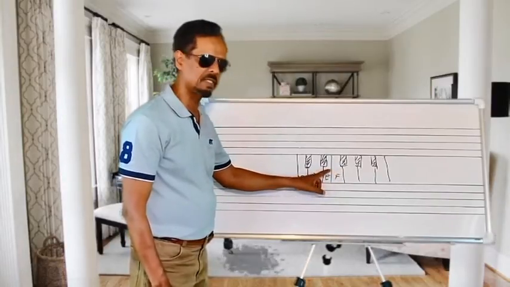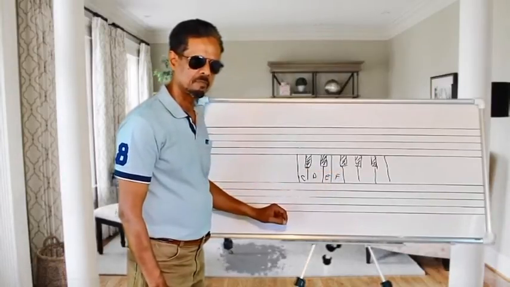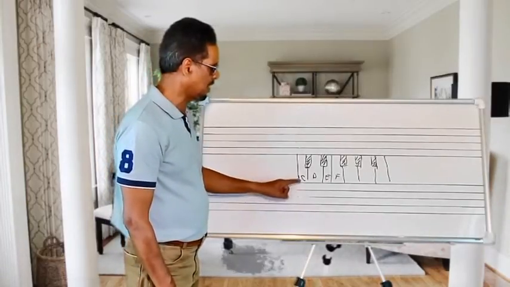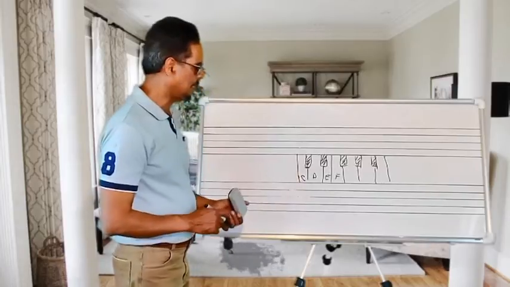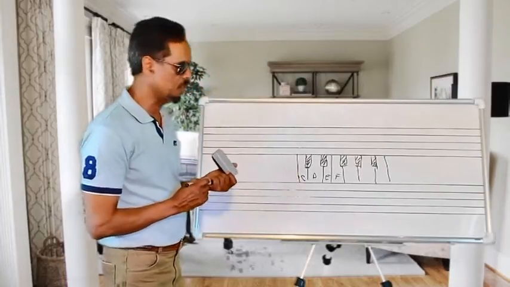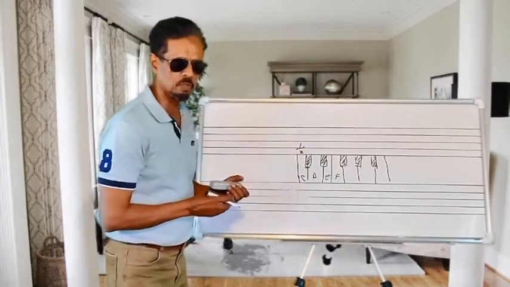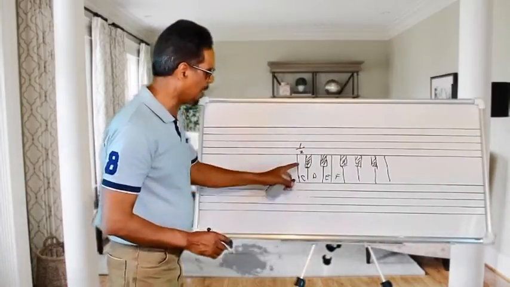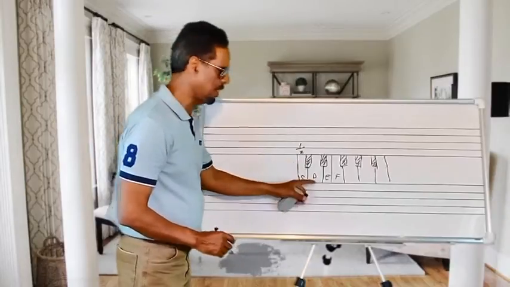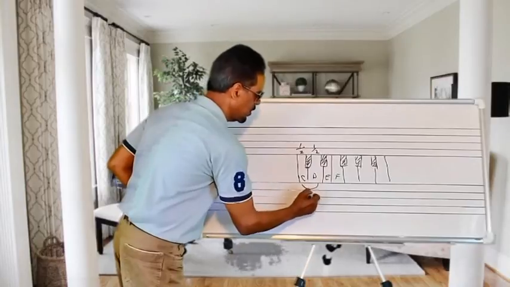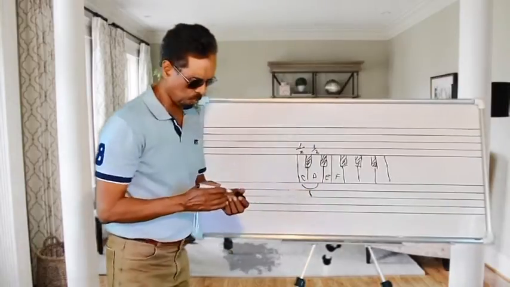There is no black key here. And when you play C, the distance from C to the black key is one semitone. In music we call it one semitone, half tone. And from the black key to the white key, D, it is another half tone. And from C to D, it's one tone.